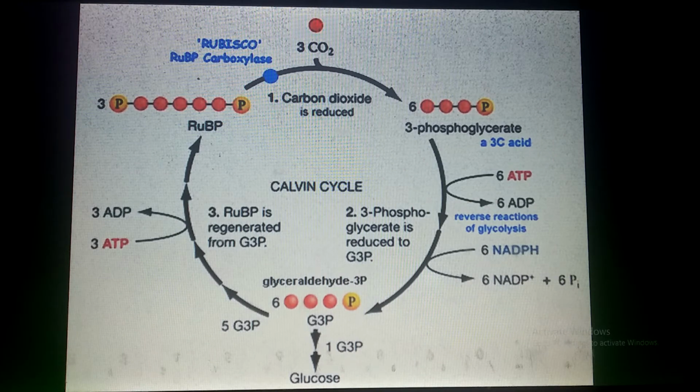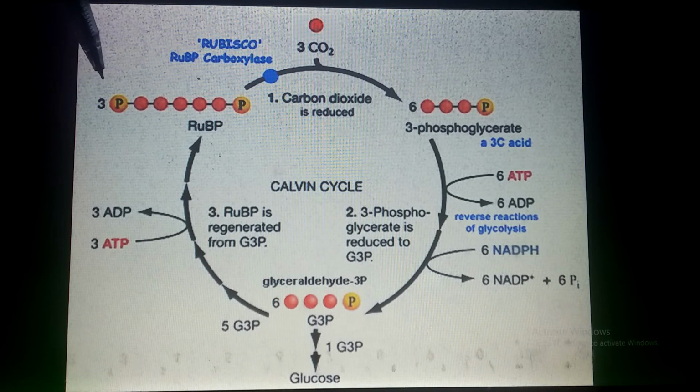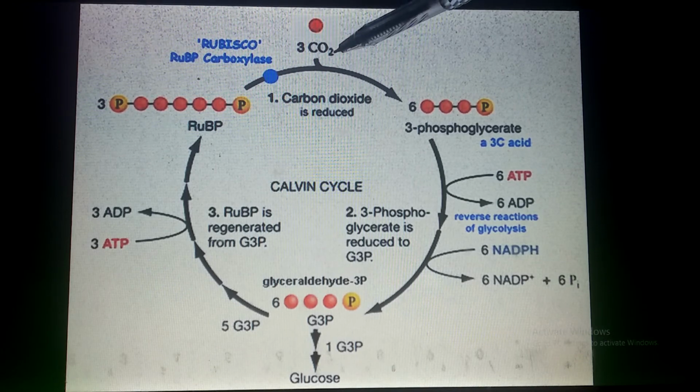Now, this is the simplest Calvin cycle. As you can see, this is the first step in which 3 RuBP, ribulose bisphosphate, react with 3 carbon dioxide molecules. Must keep it in your mind.